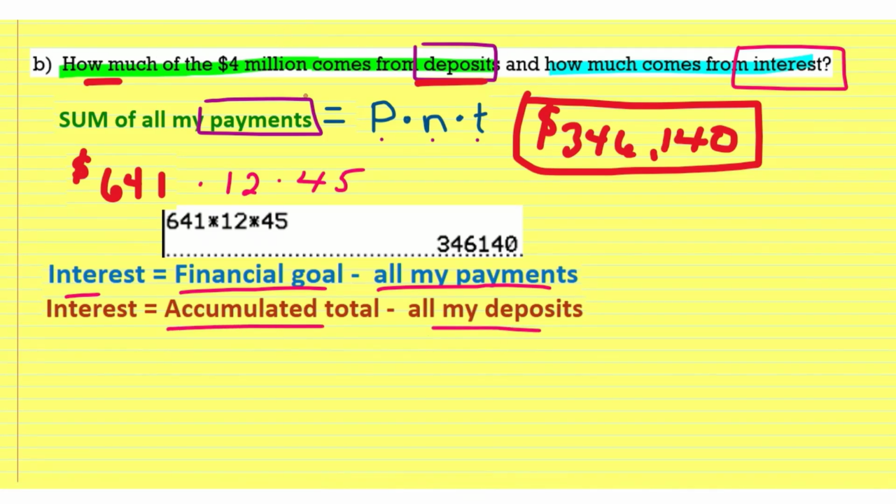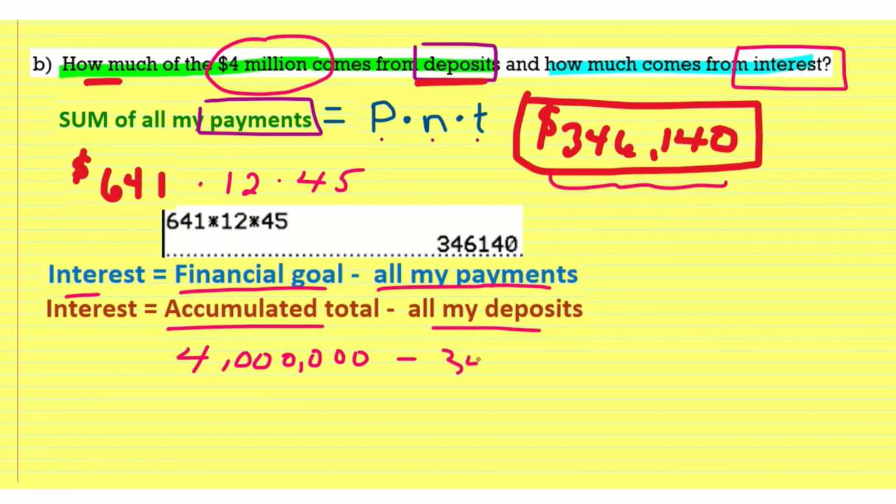And the accumulated amount was the $4 million. So our financial goal was $4 million. That's what we ended up with after we made all those payments for 45 years. And then we just calculated my deposits right here. So all my deposits added up to $346,140.